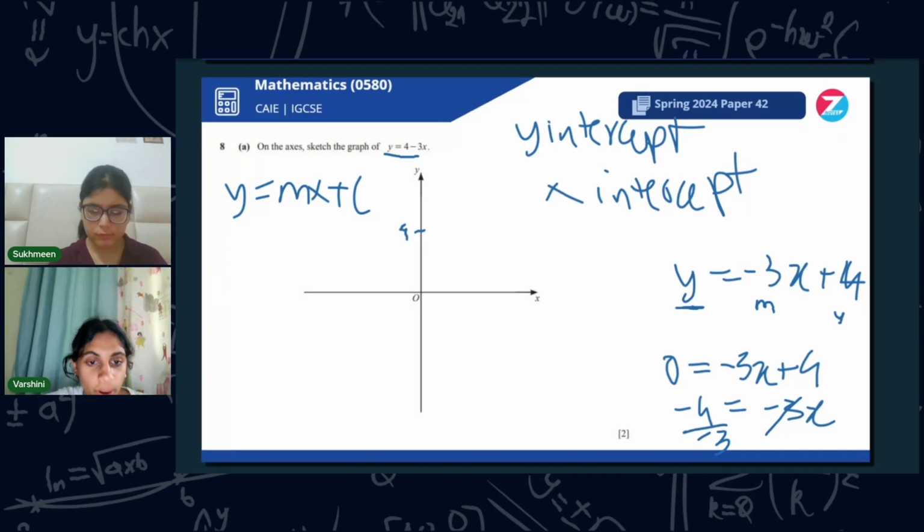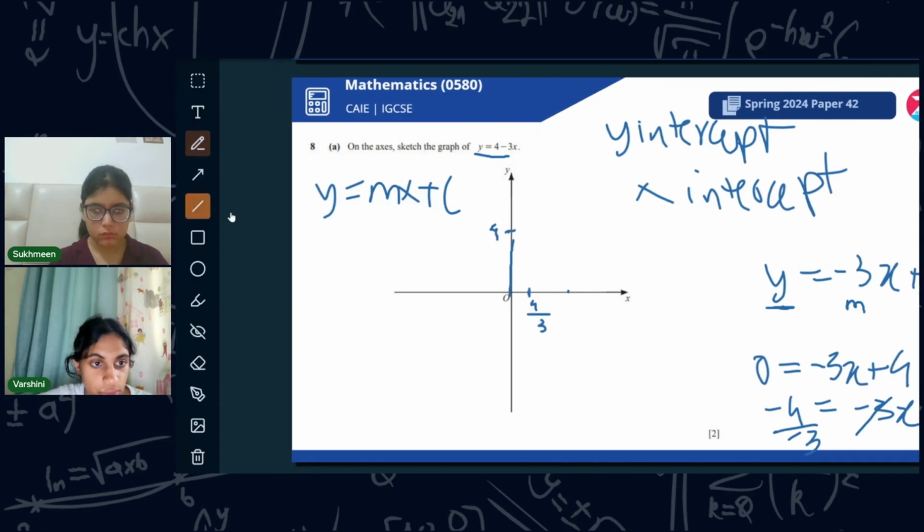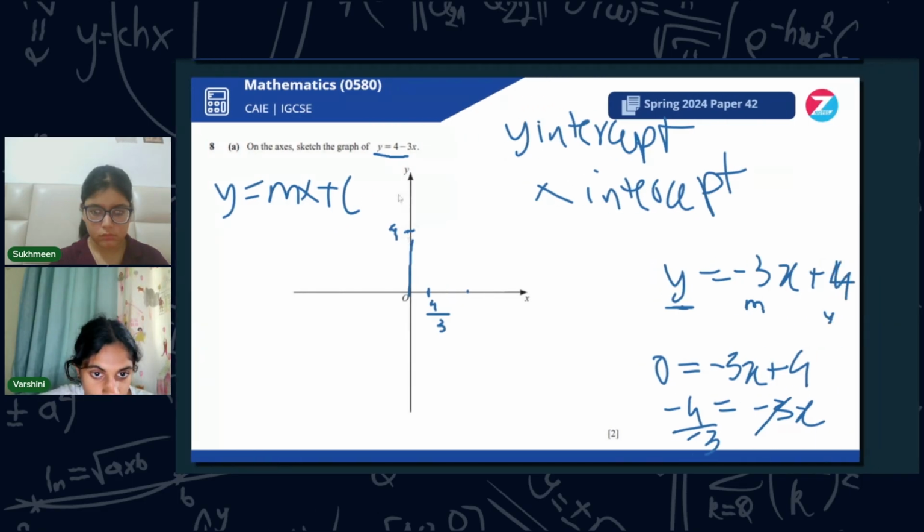But we also know 1.333 is going to be somewhere over here. If we're assuming that this much is 4 on the y-axis and this much would be 4 on the x-axis, let's just write this as 4 by 3. We know x is going to touch here and y is going to touch here. So if we make that a line, something like this.